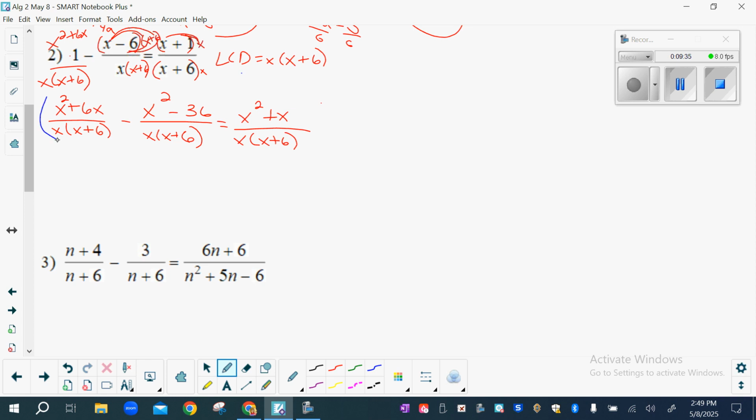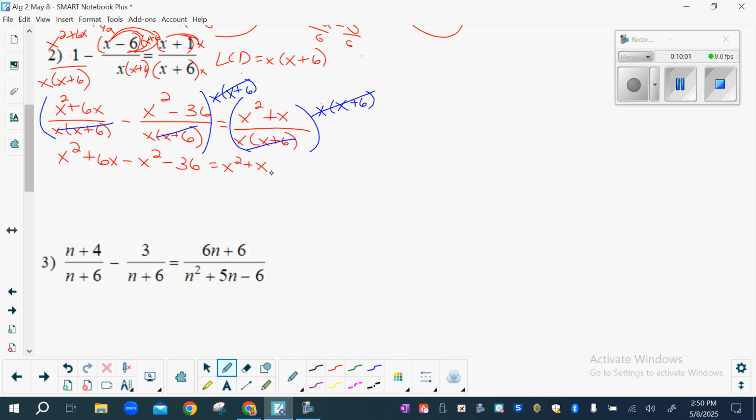Good. That's right. So we're going to multiply by x times x plus 6 to get rid of our denominators. And we get x squared plus 6x minus x squared minus 36 equals x squared plus x.